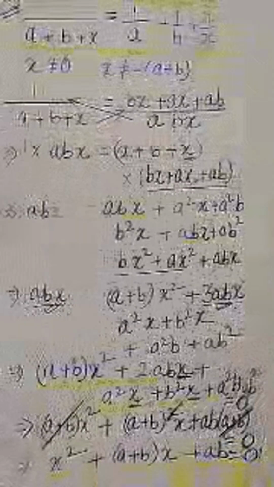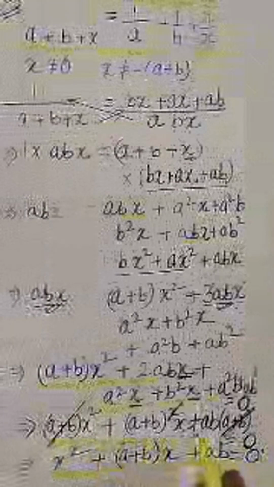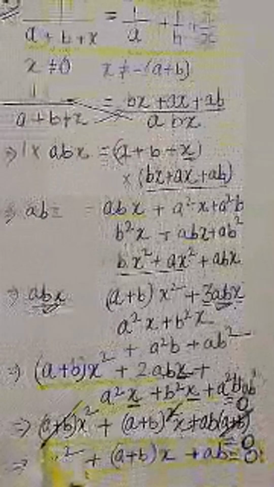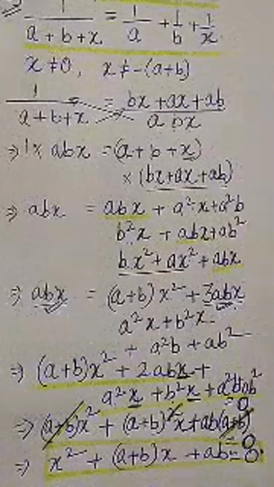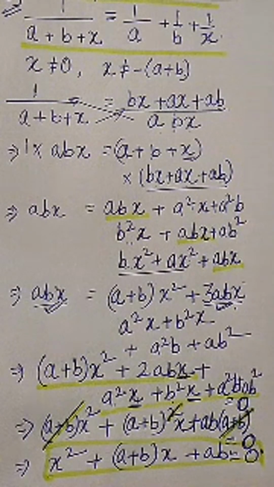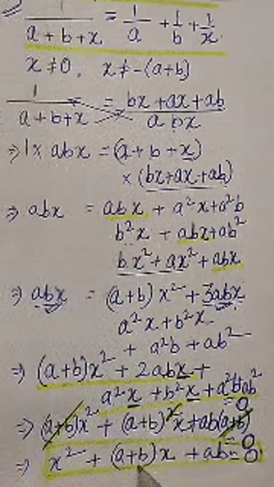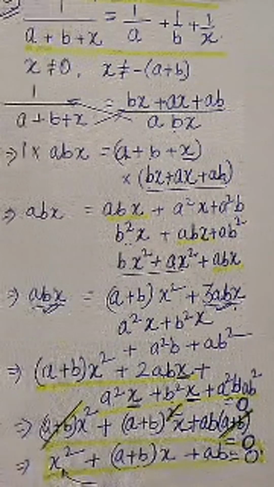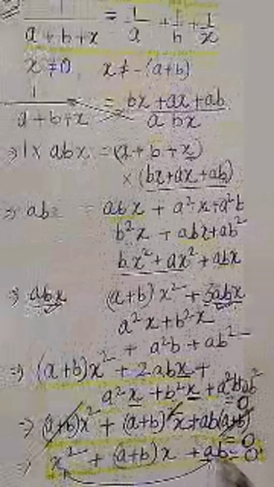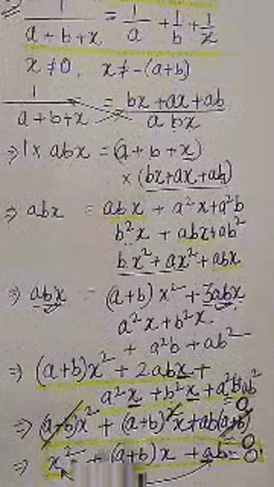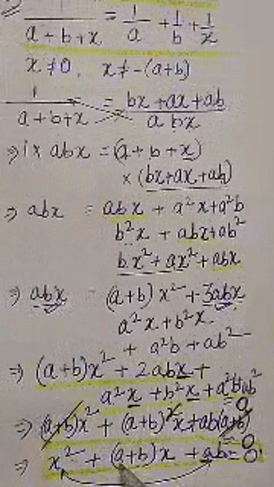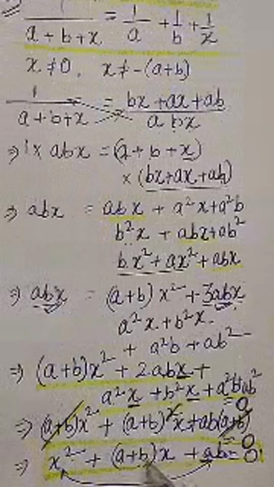So this is the equation in front of us, x square plus a plus b into x plus ab equal to 0. This is a quadratic equation, okay? And this can be solved very easily. You know how? If you split the middle term and see the product of the first and last, it will be a into b into x square, and this will be same as when you add it, ax and bx.